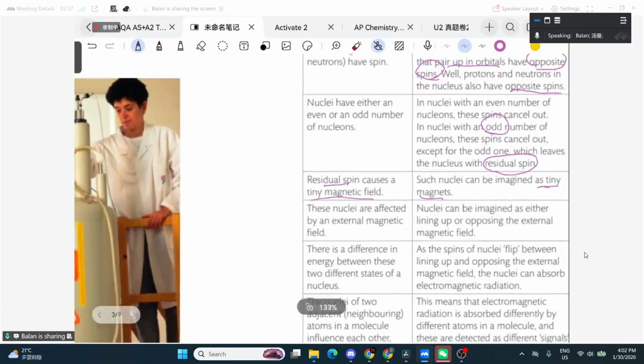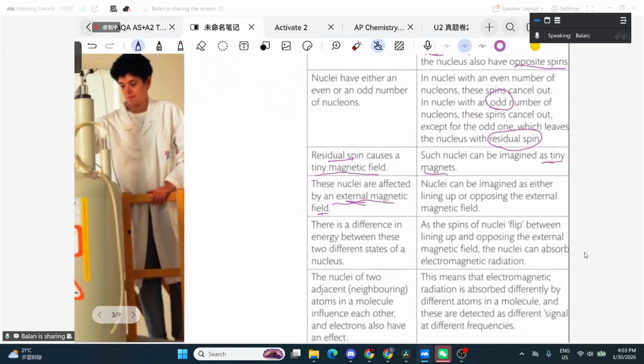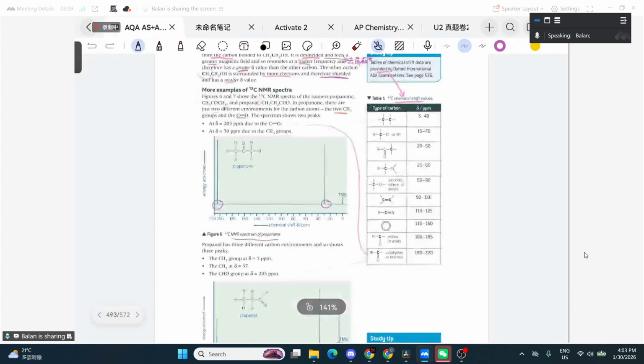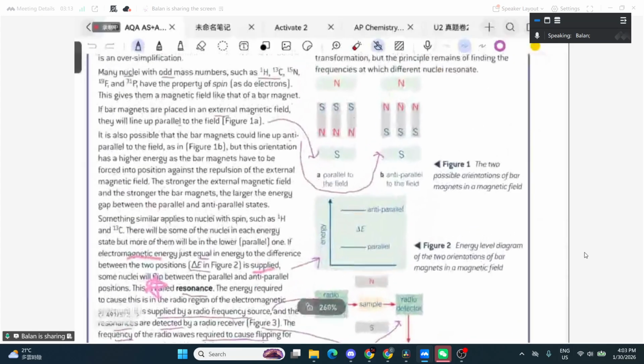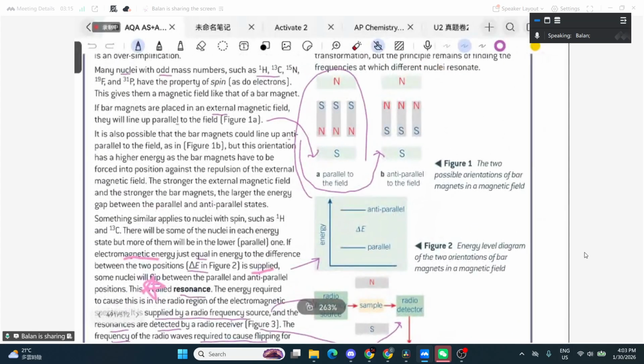Now, if you apply an external magnetic field to the nucleus, then you will find the nuclei either parallel to the field, like this picture, or anti-parallel to the field.